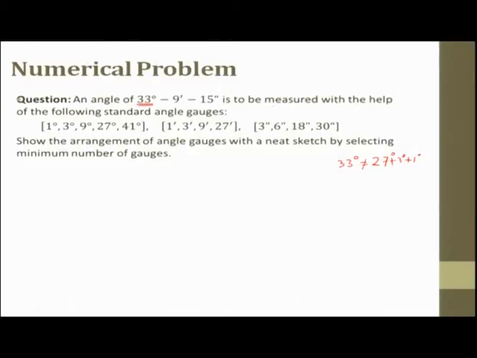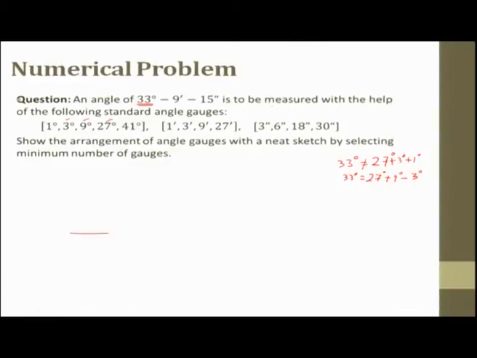So, the next combination for 33, we can try to take as 27 plus 9. 27 plus 9 is 36. 36 minus 3 degrees is one possibility. So, let us do that.